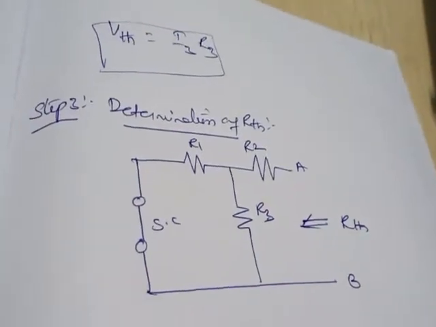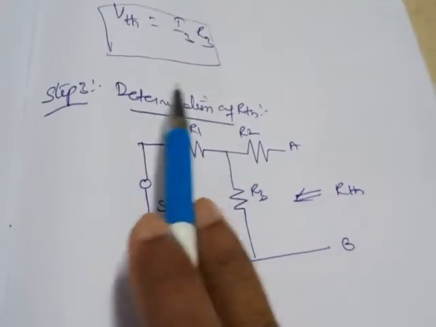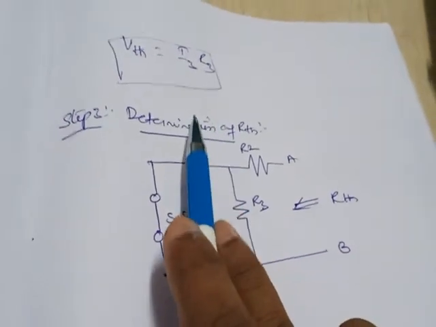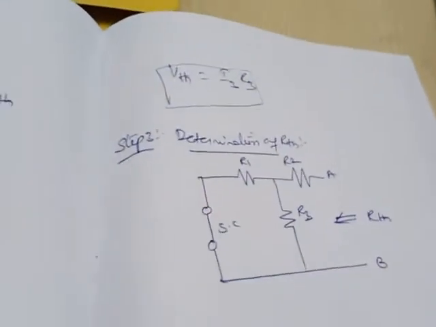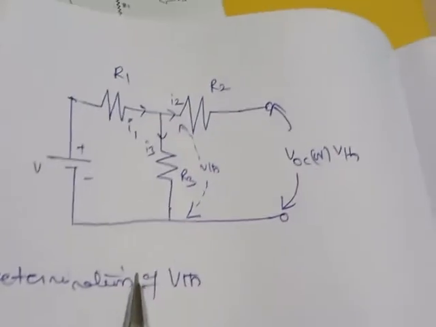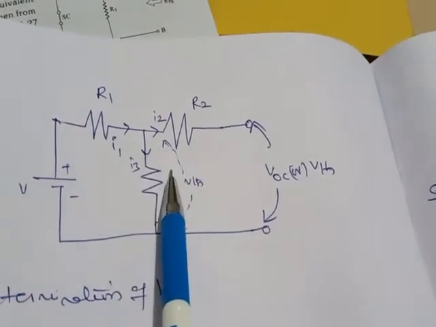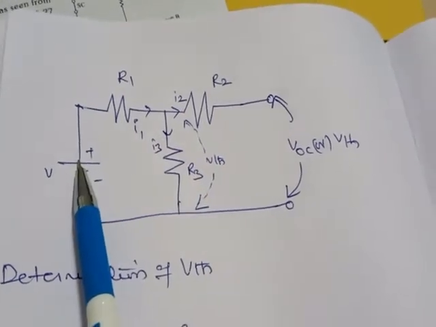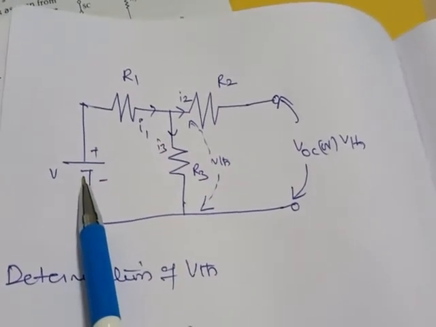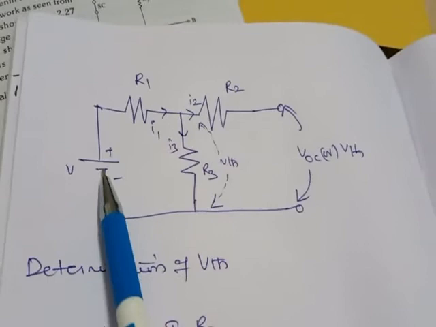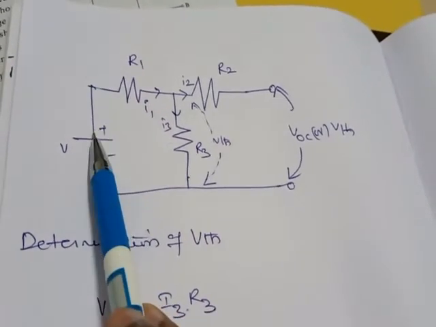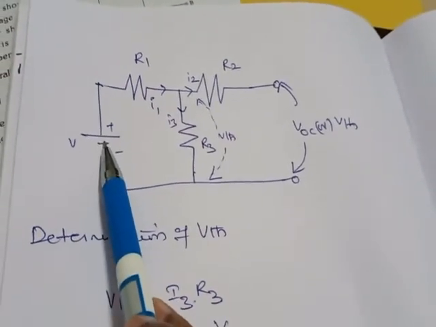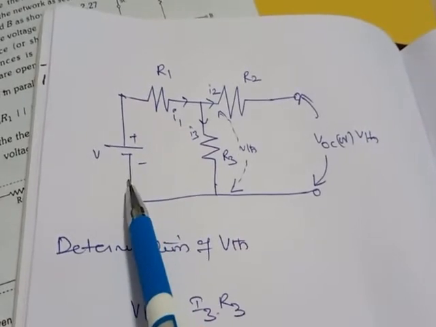Now in step 3 we need to find out RTH. So, determination of RTH. In order to find RTH, observe the same circuit we considered in step 1. If there is any voltage source with some internal resistance, then it has to be replaced by its internal resistance. If there is a voltage source, simply short circuit it and replace it with its internal resistance.